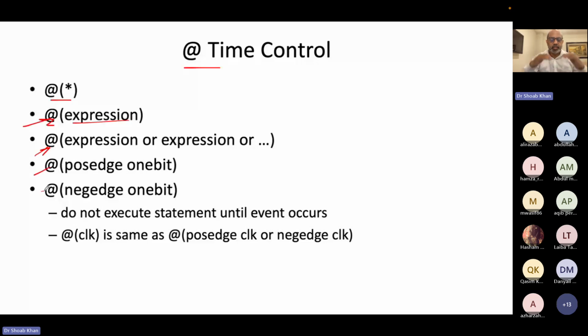For example, posedge means if a signal changes from low to high, it gets executed. Negedge means if it was one and it goes to zero. Otherwise it will wait here. So @ clock is the same as either it goes low to high or high to low. So it is a double edge clock: posedge of clock, edge of clock.